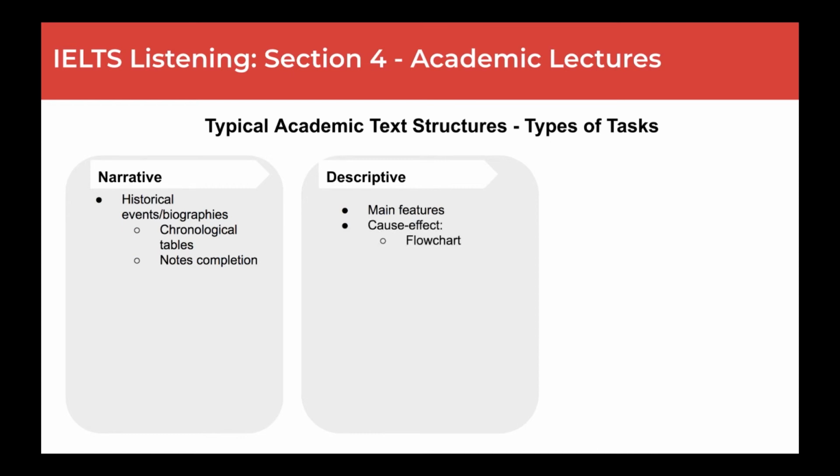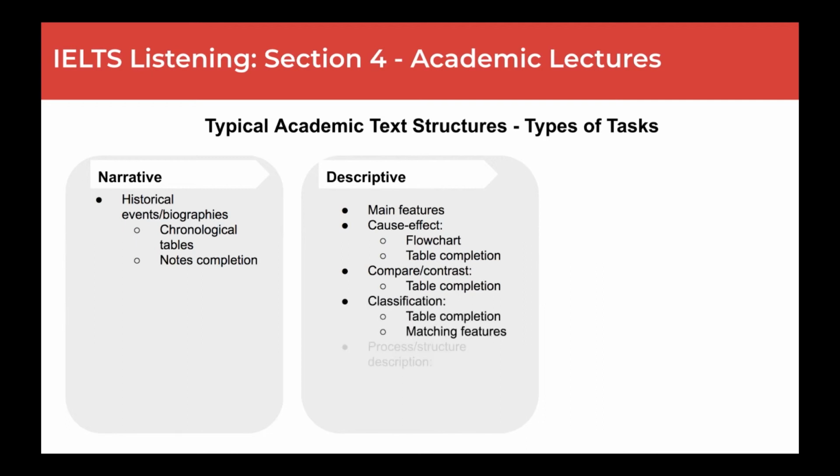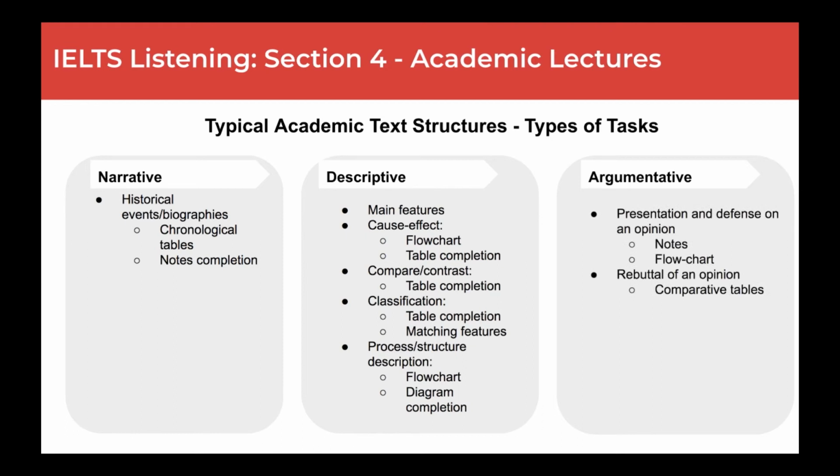Cause and effect texts would probably organize questions in flowcharts, table completion, compare and contrast texts use table completion, classifications, same table completion or matching features, process, structure, description, flowchart, and diagrams completion. And then we have the argumentative text, and here again notes, flowcharts, comparative tables, and so on and so forth.